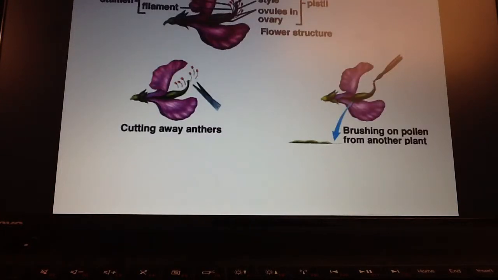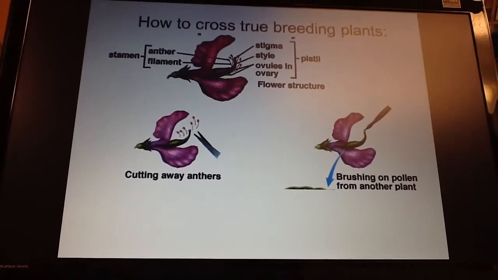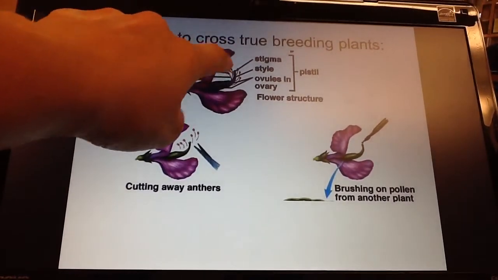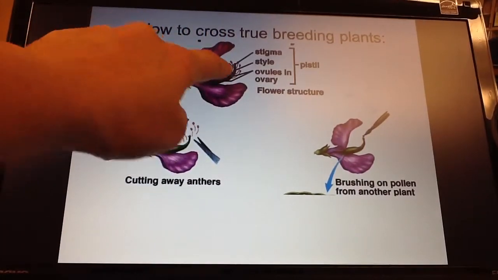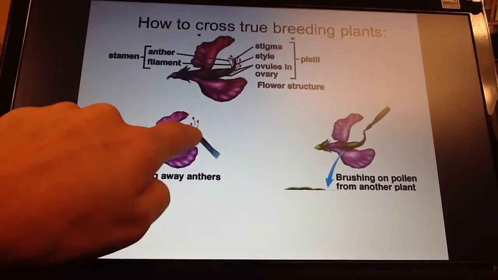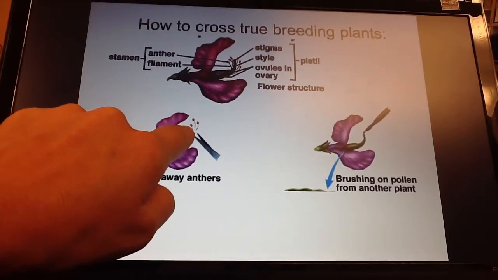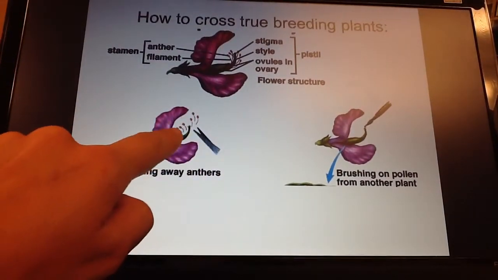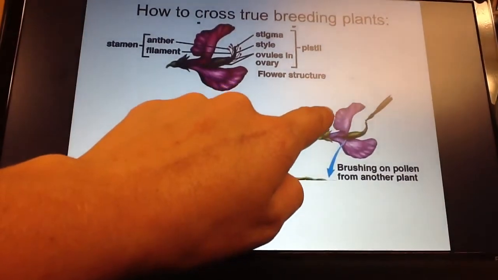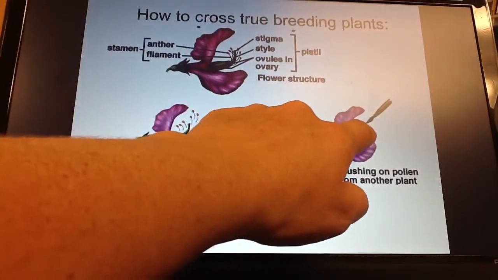So what he would do is he would take off the pollen from the anther and filament, the stamen. He would cut away these anthers, the part of the plant that contains the male reproductive organs. And then he would brush on the pollen from whatever plant he wants to the stigma of another plant.